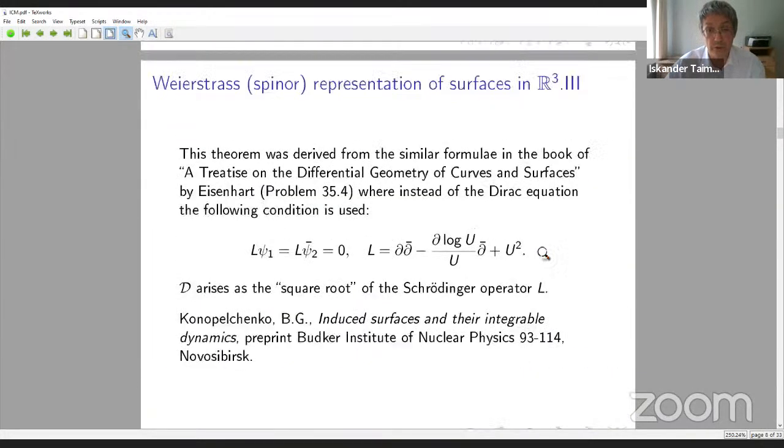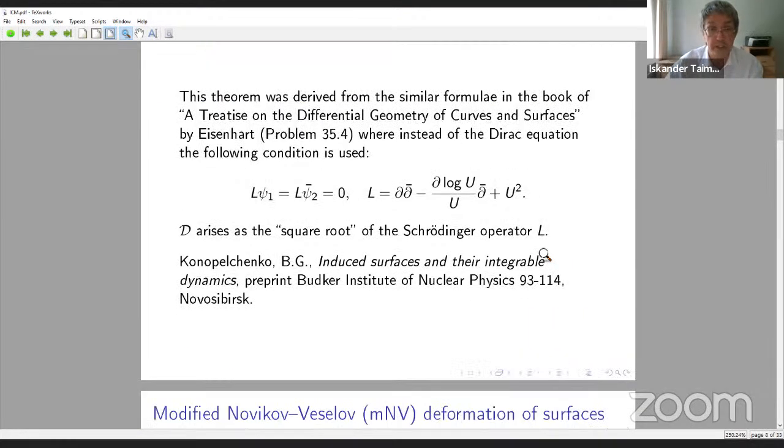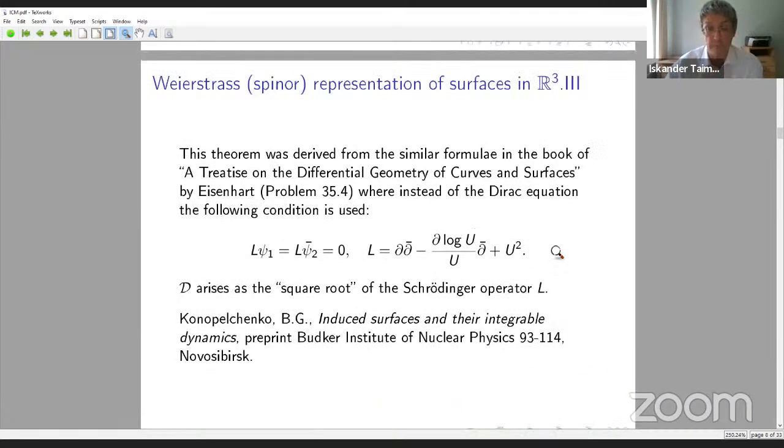It appears that this representation is also equivalent to the representation of Kenmotsu for surfaces with prescribed mean curvature, but the operators which come in the Kenmotsu representation may also have singularities in their coefficients.